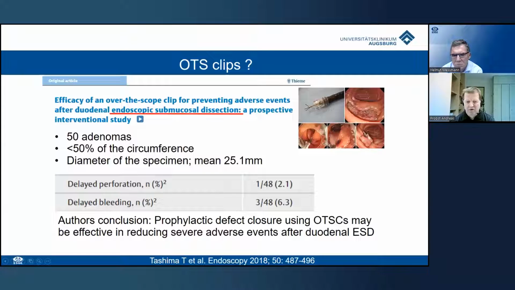So maybe this could be an option, but as I mentioned, the data are only after ESD, and nobody knows if it's comparable to EMR, because we all know if you perform EMR, you have a risk of residual tissue and recurrence, and nobody knows if this may be a problem when we close these resection ulcers. Maybe not, because we know the data from colorectal EMR and closure of the defects, but nobody knows if this is comparable to the duodenum.